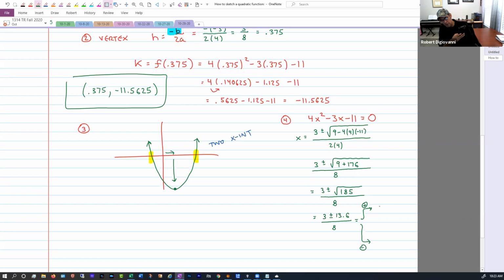If I do the plus, I'm not going to show the work. I get 2.075. I'll just say that's about 2.1. And if I do the other one, I get negative 1.325. So those are my 2 x-intercepts.